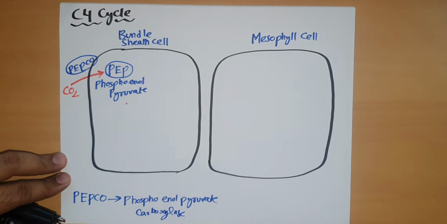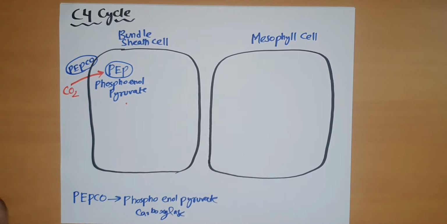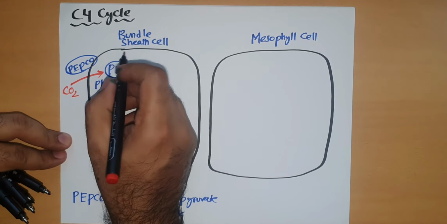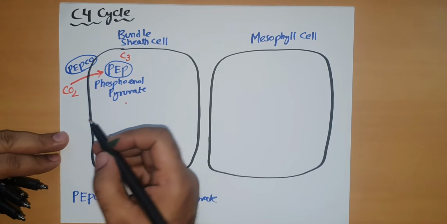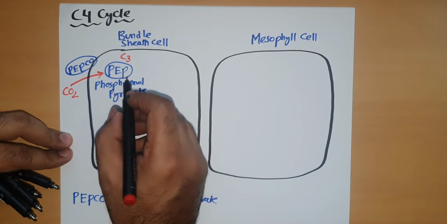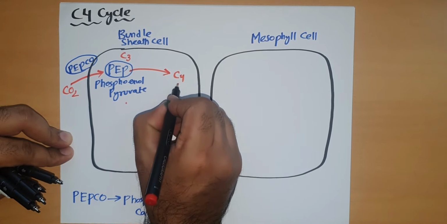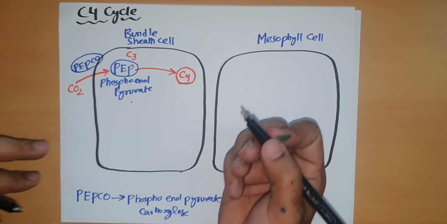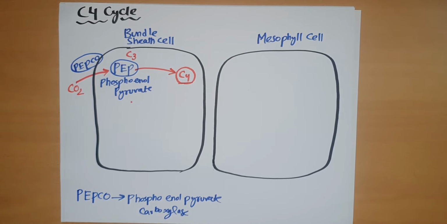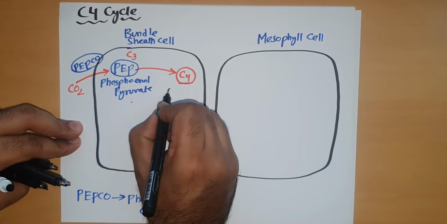As you already know, this phosphoenol pyruvate, the PEP, is actually a 3 carbon compound, and carbon dioxide is a 1 carbon compound. When both of these join together, a 4 carbon compound will be formed. So the first compound formed is a 4 carbon compound, and the name of that first compound is oxaloacetate.